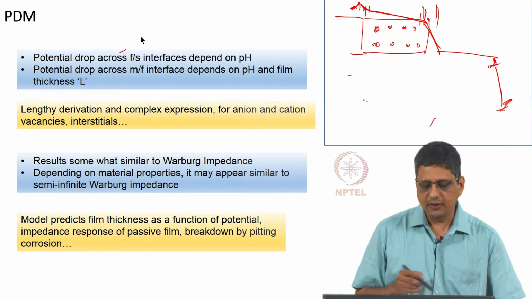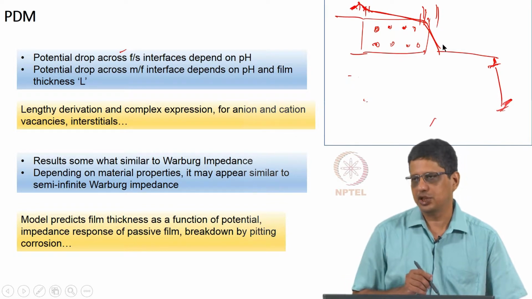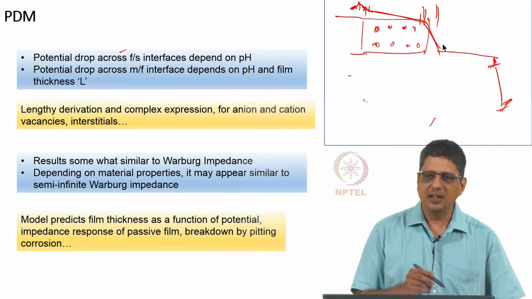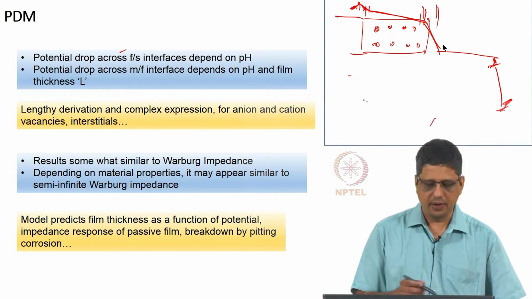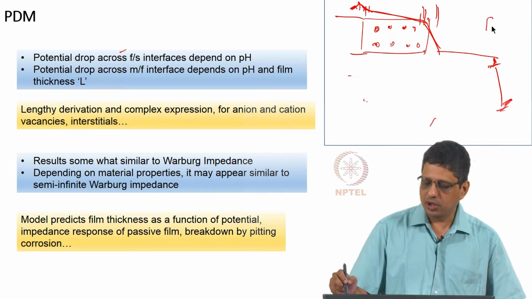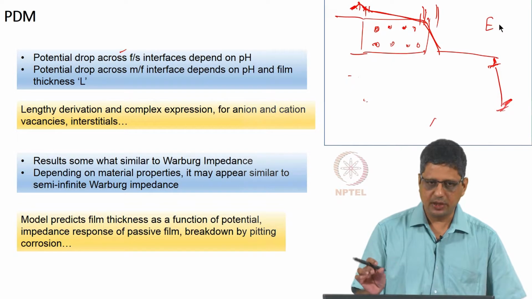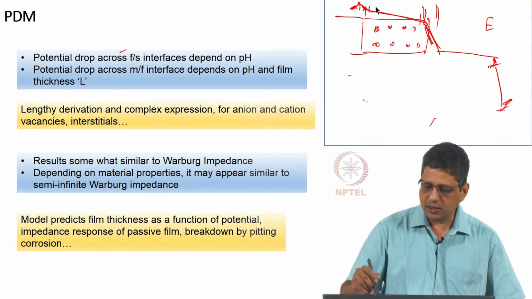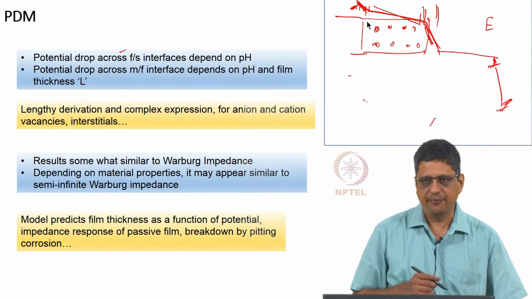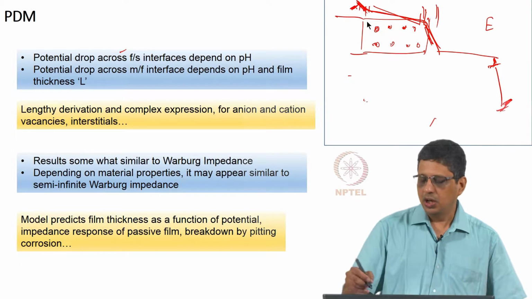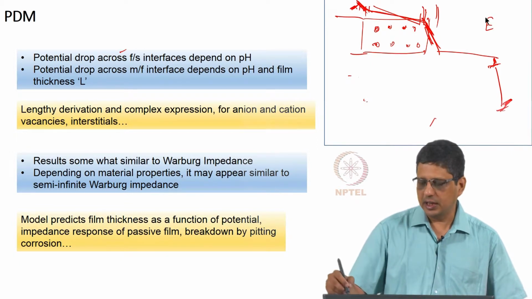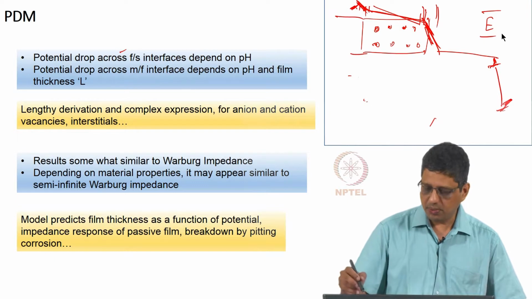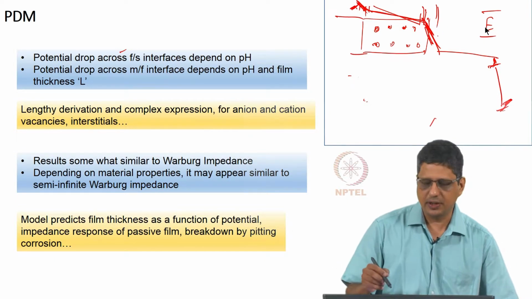The potential drop across the film solution interface depends on the pH, it is going to be linearly related to the pH. Okay. And of course, the applied potential: if you apply a certain potential, part of it will occur here, part of it will occur here, and part of it will occur here. How much occurs here depends on the pH and the applied potential.